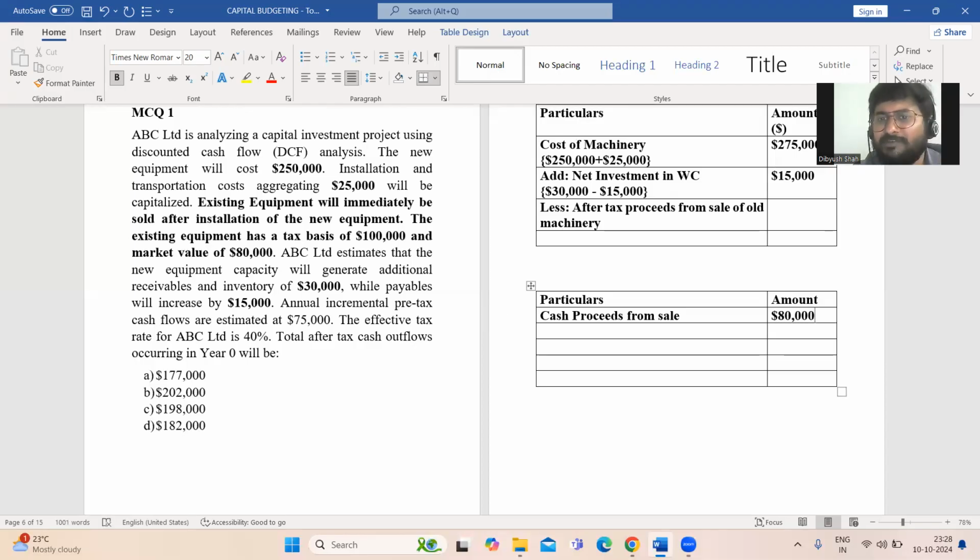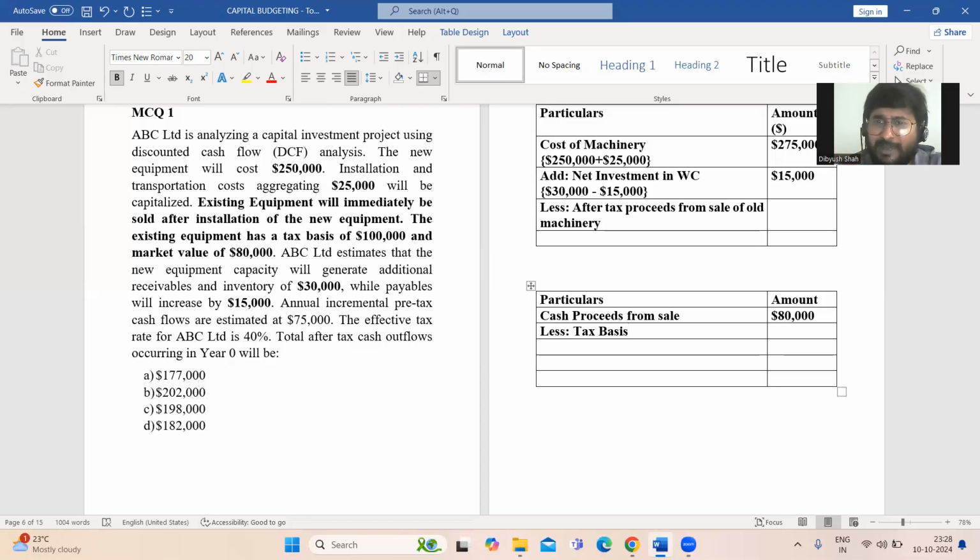Now they have not given me book value, but tax value basis is what I need, because whatever is the basis for tax, only that much deduction I can claim as part of loss. So my tax basis is, remember, if carrying value and tax basis, because you can have different methods of depreciation for books of accounts and for tax purposes.